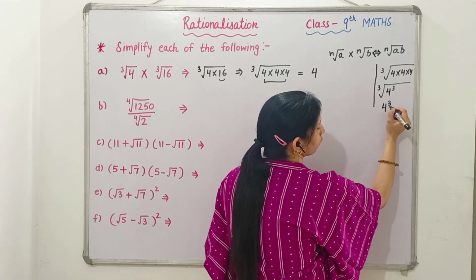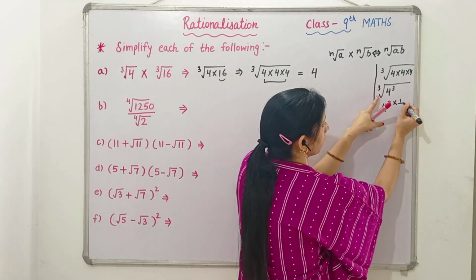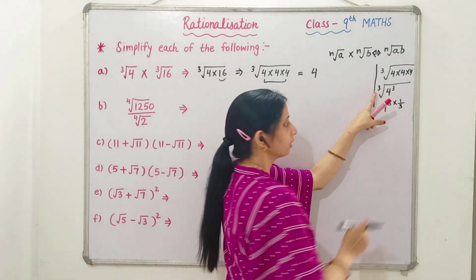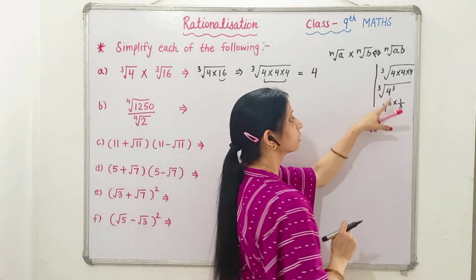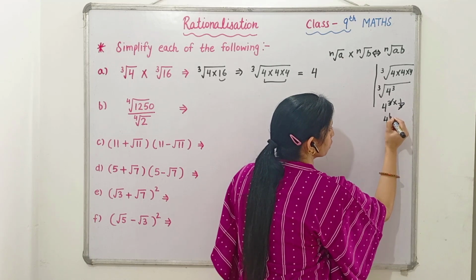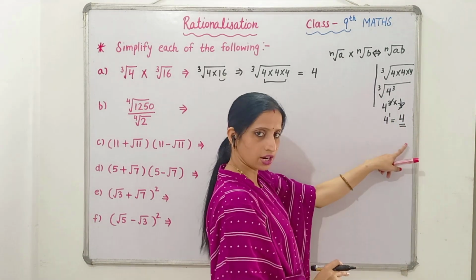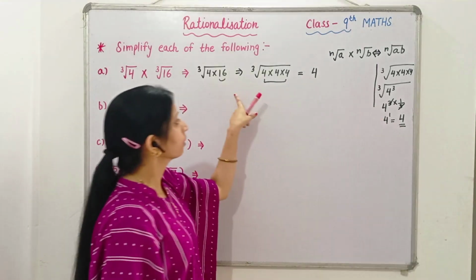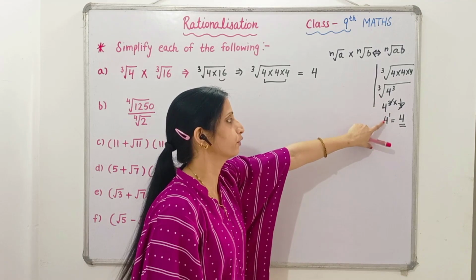This will be 4 raised to the power 3 multiplied by 1 by 3. Wherever 2 is given here, that means 1 by 2; 3 is 1 by 3. By 3 we can cancel this 3. We will get 4 raised to the power 1 or simply 4. Understood? So we can write the answer directly, and this is the way how we find 4 here.